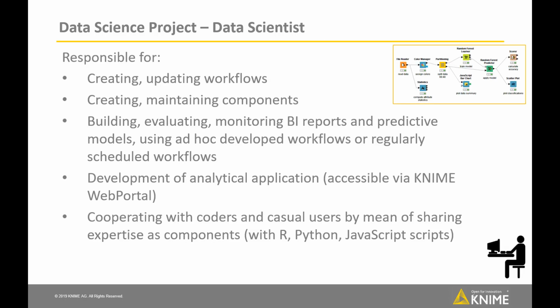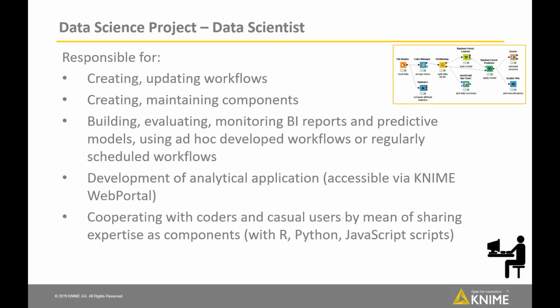So a data scientist, he's going to be creating and updating these workflows. He may, and hopefully is, creating and maintaining what we in KNIME call components, which are portions of workflows. Like if you're used to programming, you can think of them almost as functions, little groups of nodes that perform an individual task. He's probably going to be doing some sort of reporting. We'll certainly be building some predictive models in this case of the data science project.